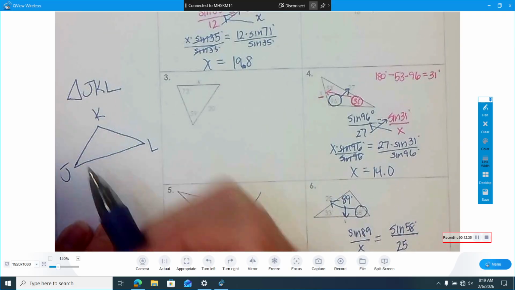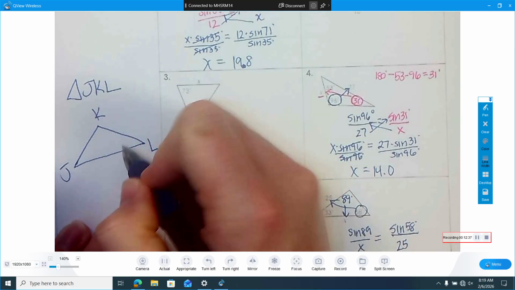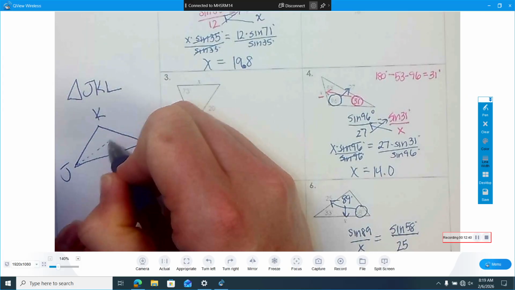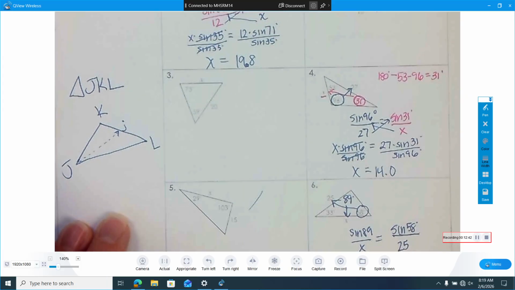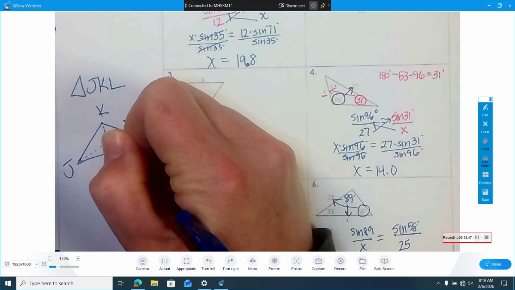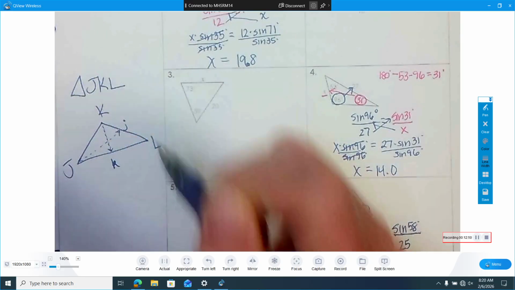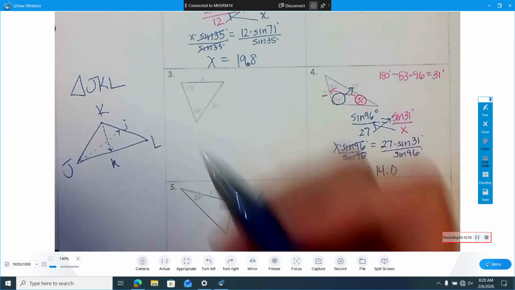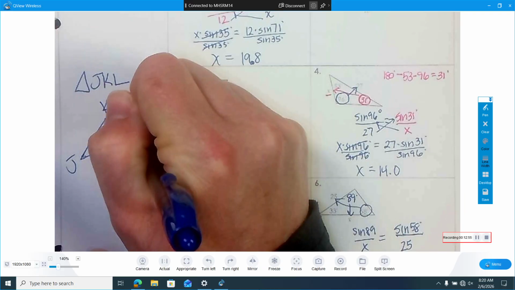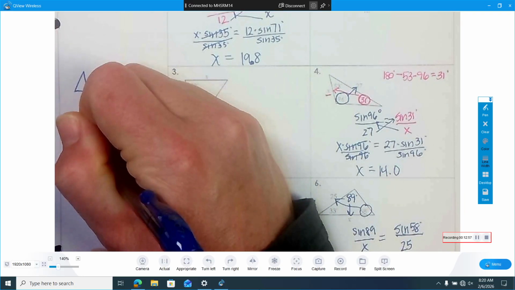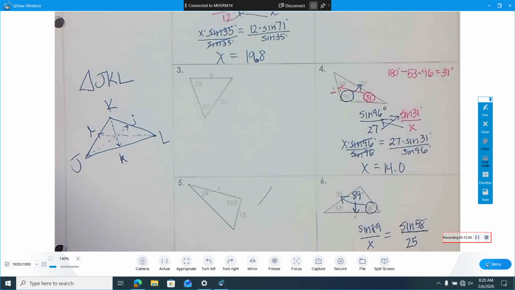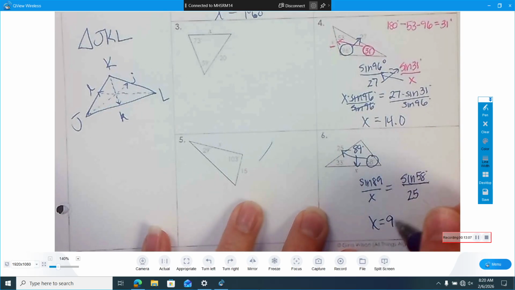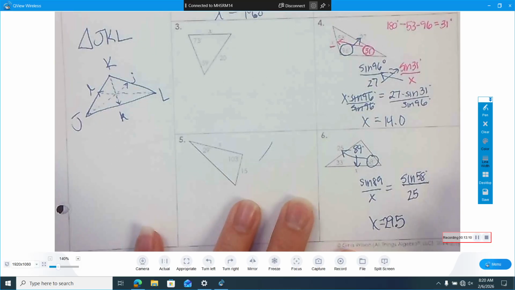Lowercase j is the side opposite the angle of capital J. And then lowercase k is the side opposite big K. So the lowercase is always opposite its capital letter. Draw your picture, label it, and figure out where things go. The solution for x here was 29.5, so good job if you got that right.